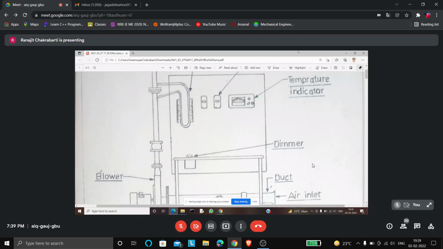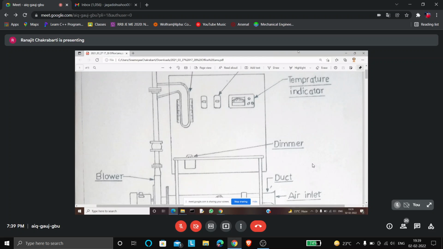Now, if you can record the EMF difference between the two junctions, one called the hot junction and the other the cold junction, the voltage or potential difference between them lets you measure the temperature difference between the two junctions, with proper calibration of the thermocouple.